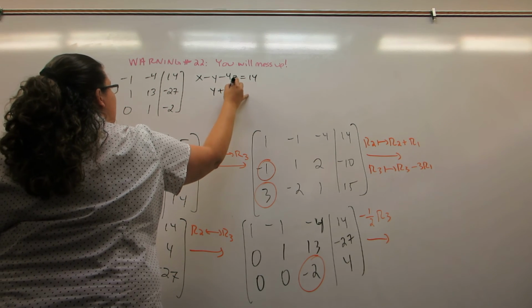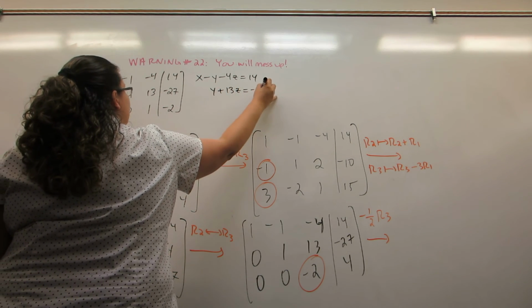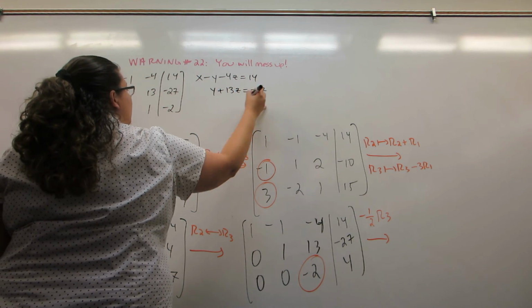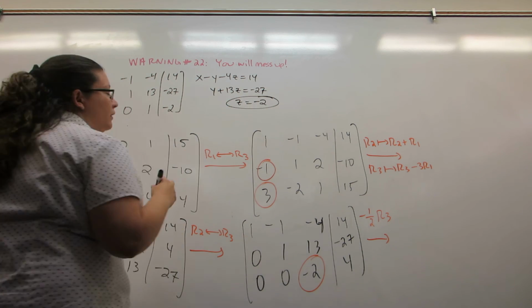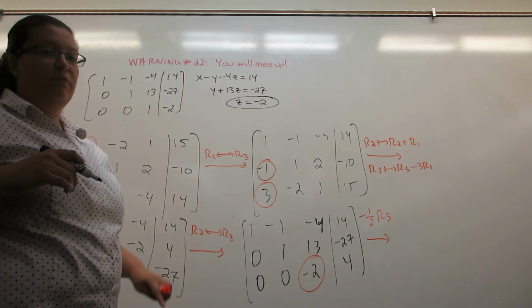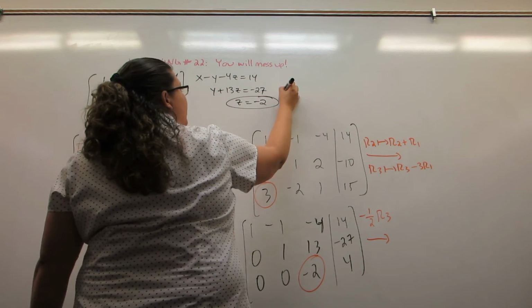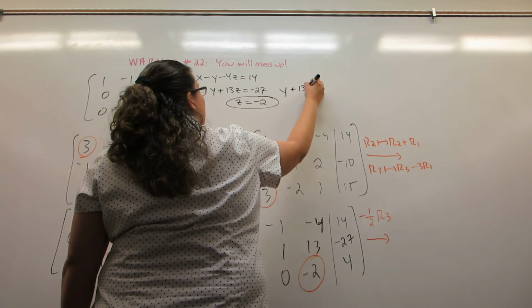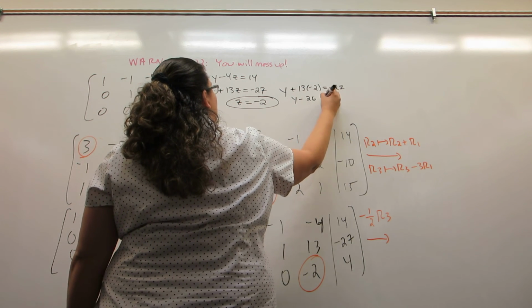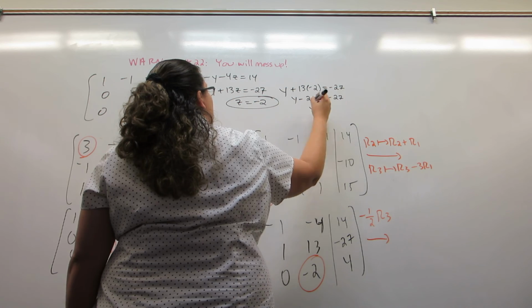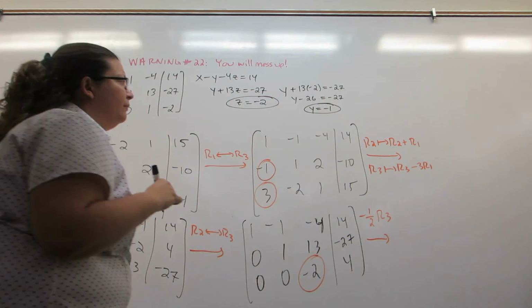I will be able to solve for all my variables. First of all, I see that I already know what z is. Okay. Since I know z, I'm going to plug it back in to solve for y. So this is y equals negative 1.